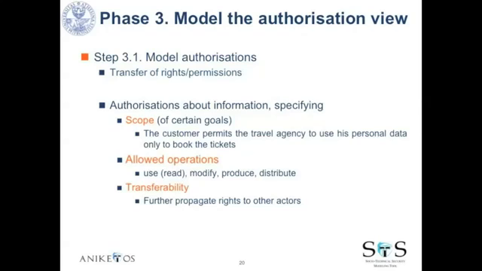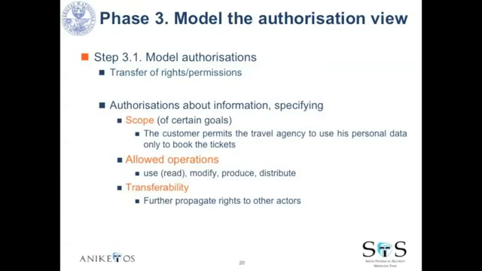We assume that the owner of information has the right to legitimately transfer permissions to others on how to manipulate his information. However, he might as well transfer full rights to someone else, making them legitimate to further transfer rights to others. In order to capture these two kinds of transfer of permissions, in the authorization view we model authorizations about information, specifying these authorizations in terms of three attributes.